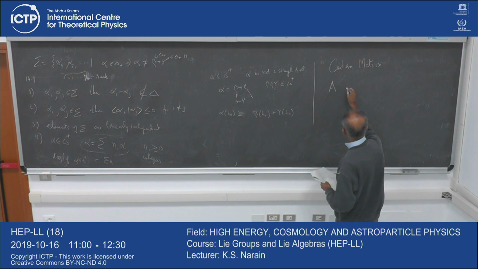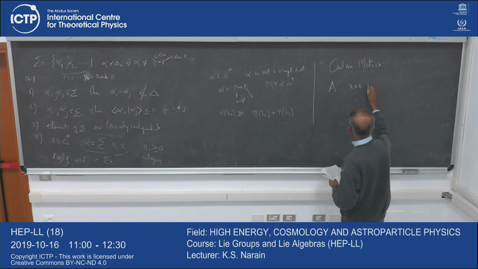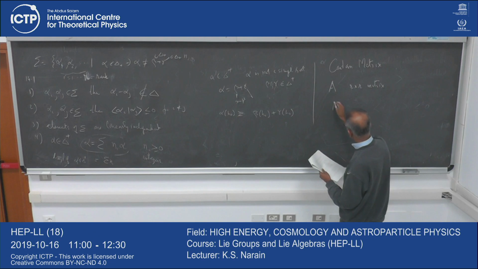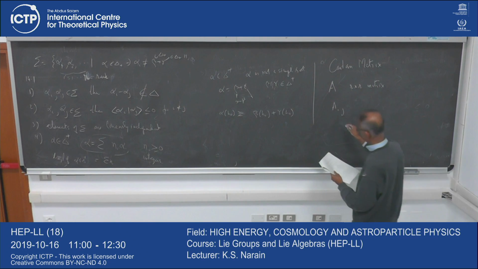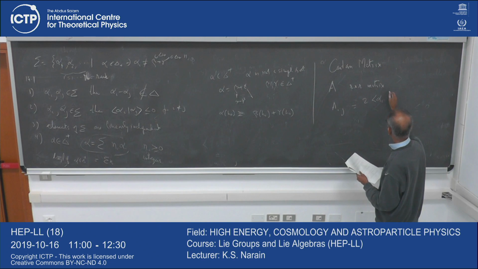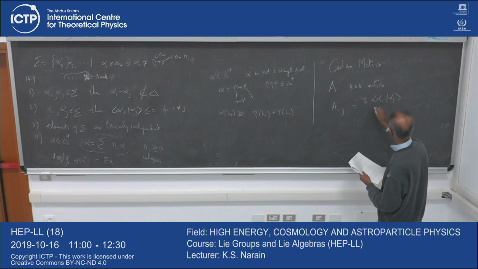So this is an R by R matrix whose ith row and jth column is given by 2 alpha I alpha j over alpha j alpha j.